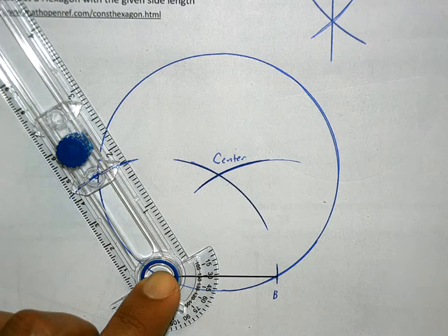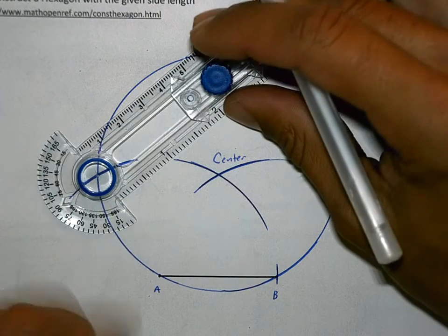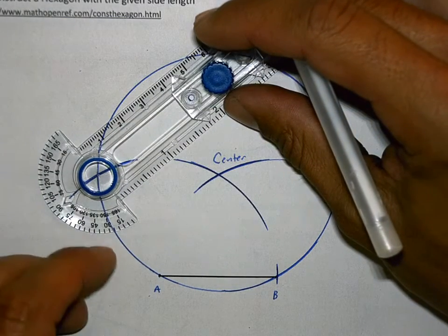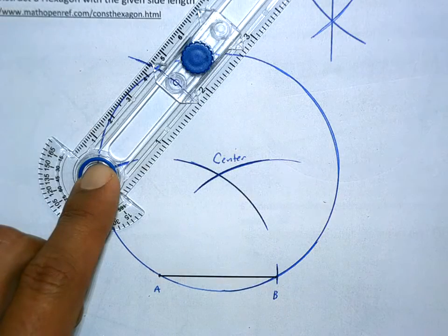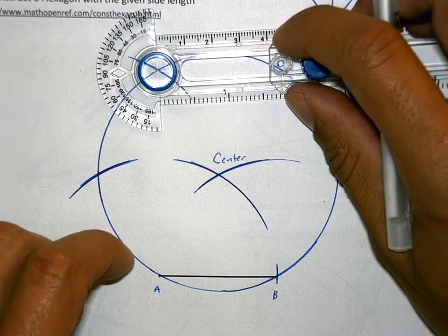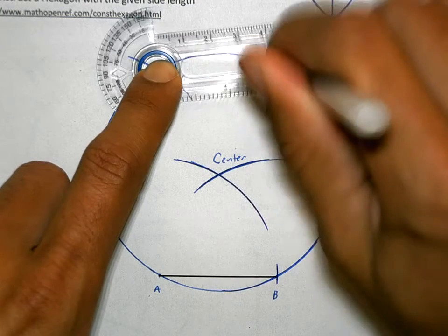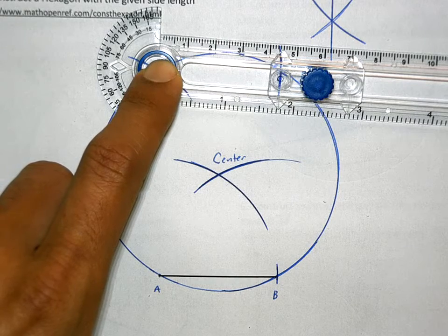That's one corner. Then I go to that corner, and from there I'm going to find the next corner. That's AB. Then I'm going to go to that mark, put my bullseye there, and make the next corner. I'm calling them corners because that's where the corners will be.